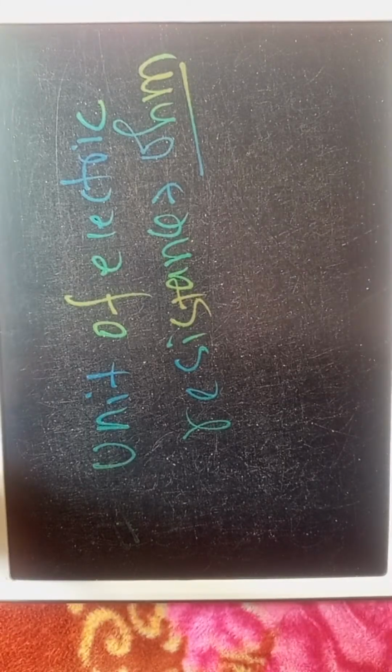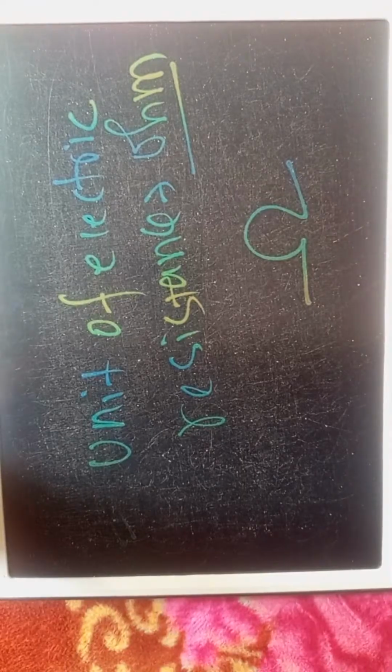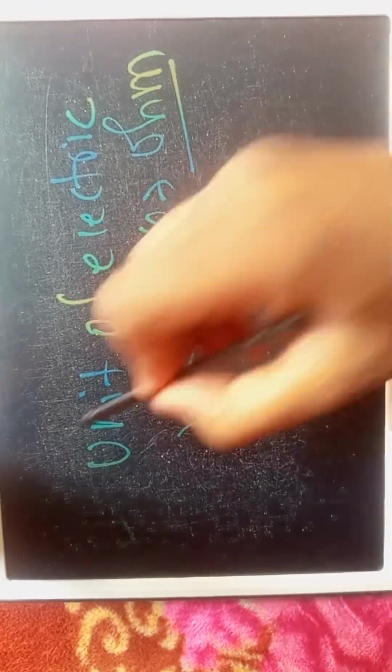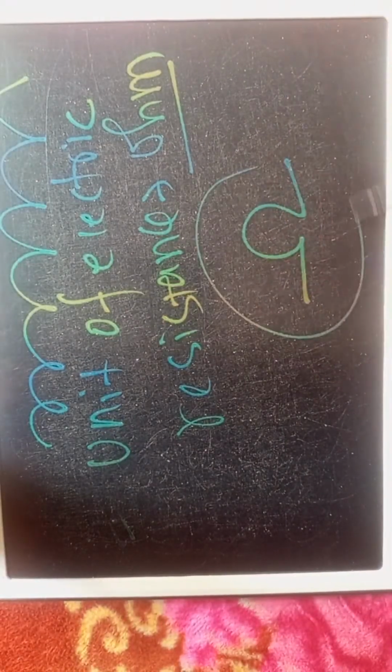Who is the father of electricity? Michael Faraday. You have to remember in your mind. This sign is ohm, and this is called resistance.